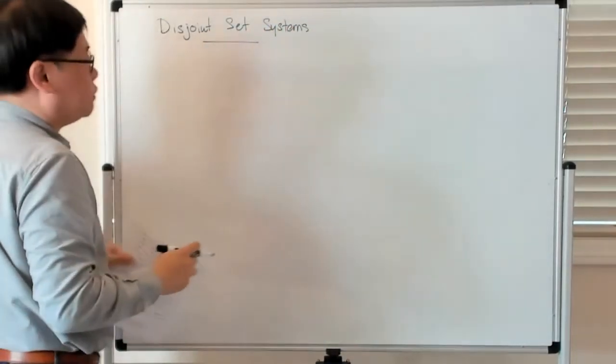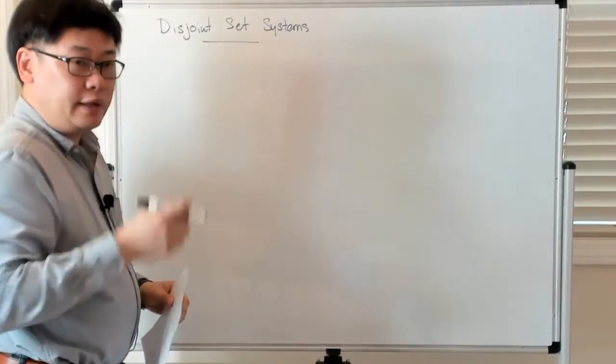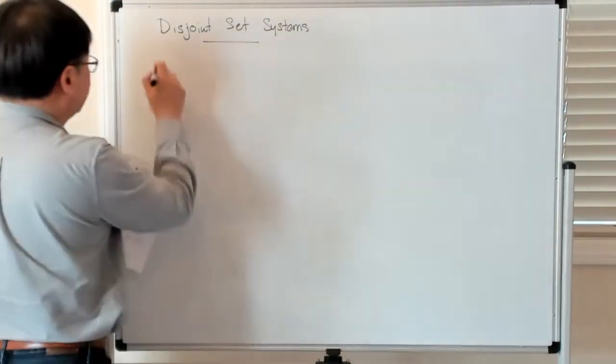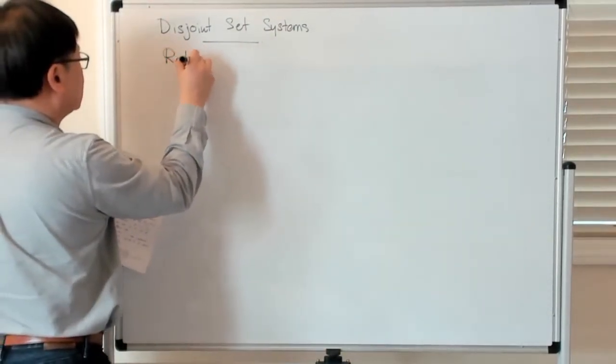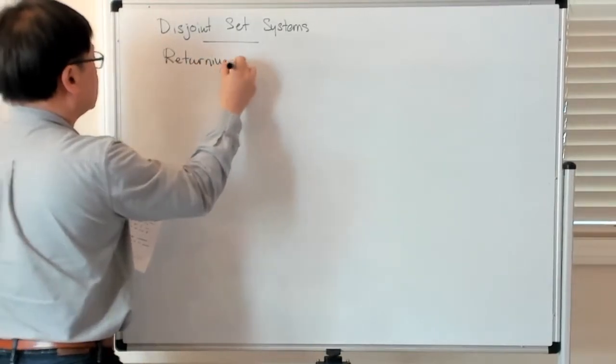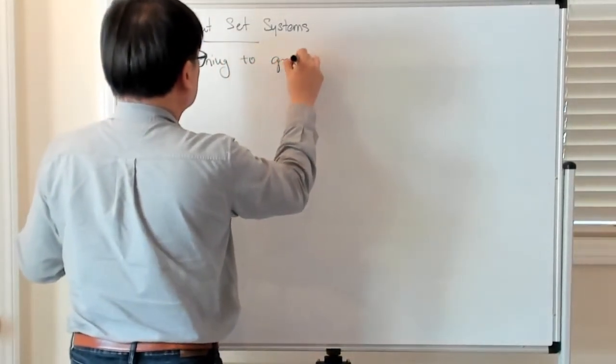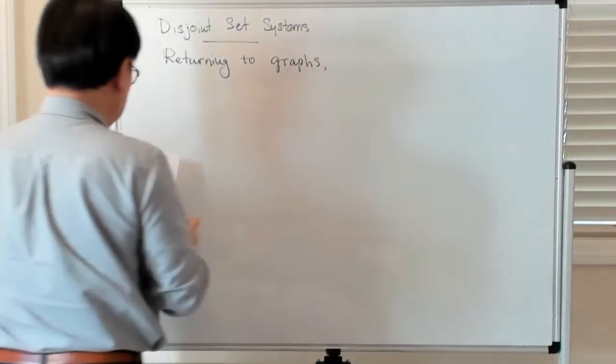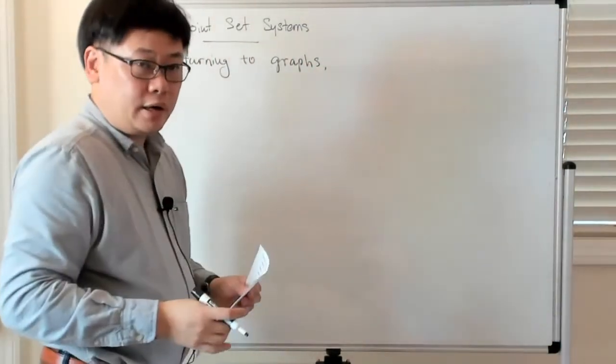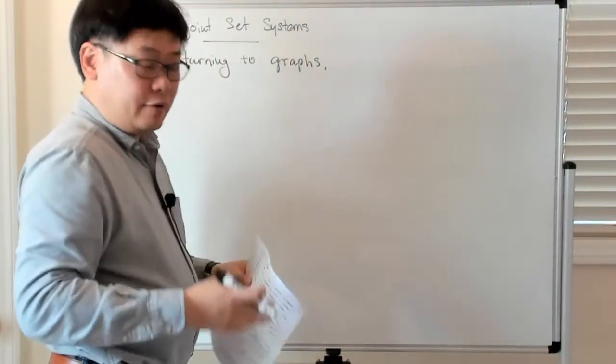Okay, and so in particular, we're going to look at the graph case. So returning to graphs. Right. So I want to describe again an algorithmic way of determining whether a graph is connected.